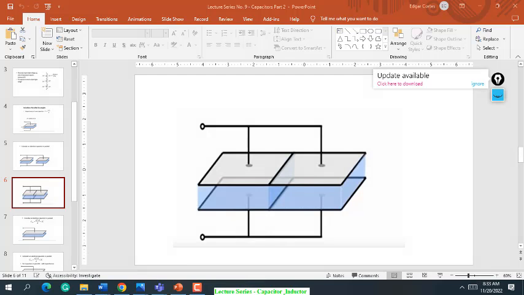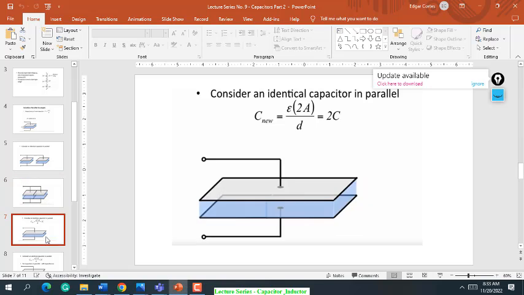So basically, in our analysis, a parallel capacitor is treated like this. Going back to the basic formula of capacitance, we just multiply the capacitance by two if we have these two capacitors in parallel.